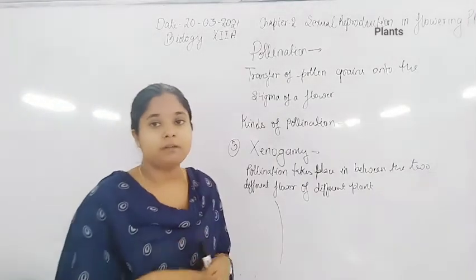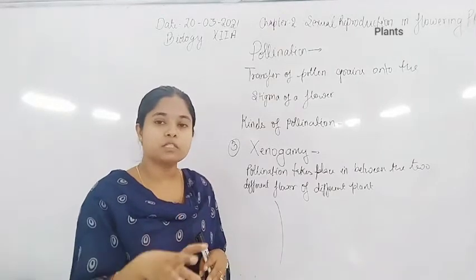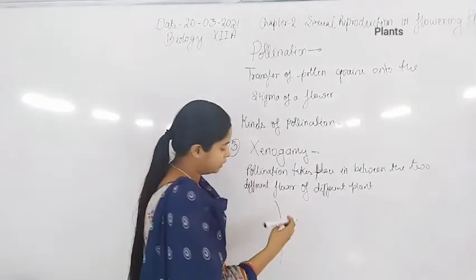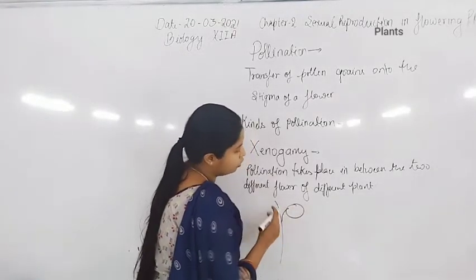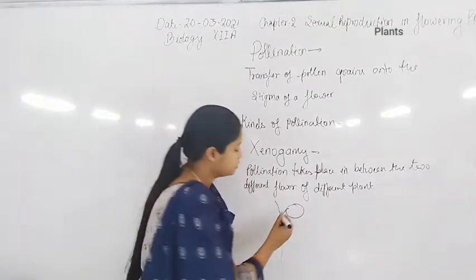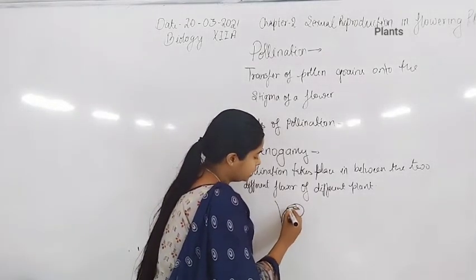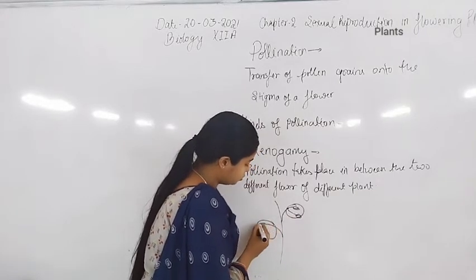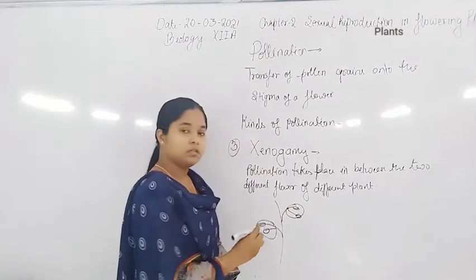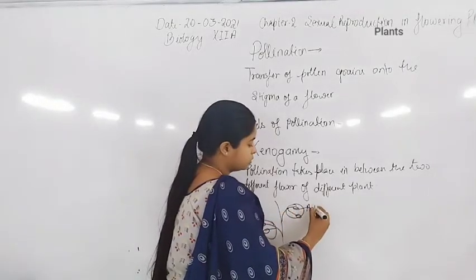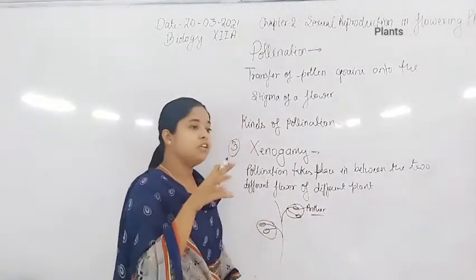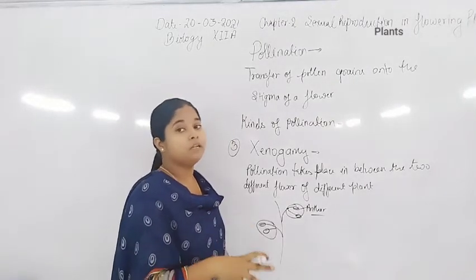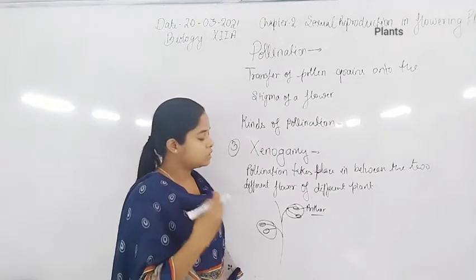the male and female gamete on the basis of the presence of male and female gamete. So if on a plant only the male flower or staminate flower is present, that is, the flower only has the anther. Here is a flower, a second flower, they also have only the anther. So only the anther is present. The one plant shows only male gamete or male flower or staminate flower.